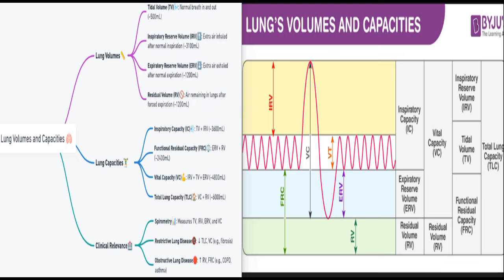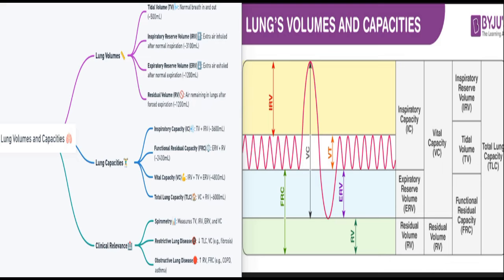So the residual volume trapped in the alveoli is secondary to closure of the small airway at the end of expiration. The closing capacity increases with age and may contribute to a decrease in the partial pressure of oxygen with age. And the closing capacity actually doesn't change significantly with posture.